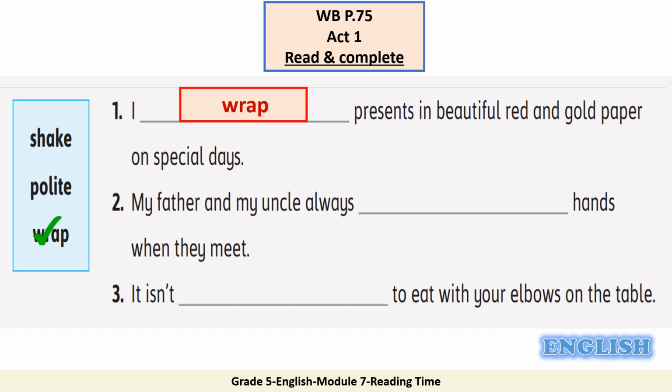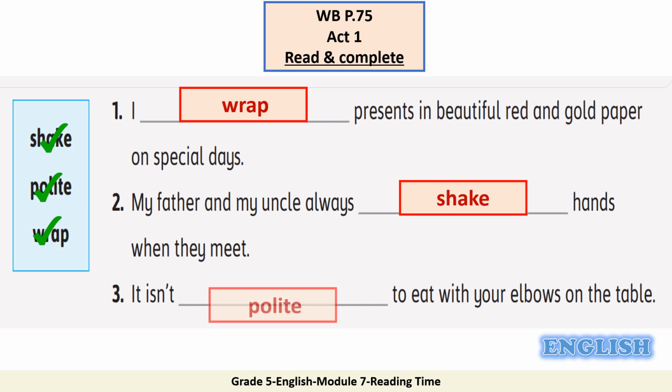My father and my uncle always blank. That's fine. Shake hands when they meet. Number 3. It isn't blank to eat with your elbow on the table. What do you think? It isn't polite to eat with your elbows on the table. That's fine.